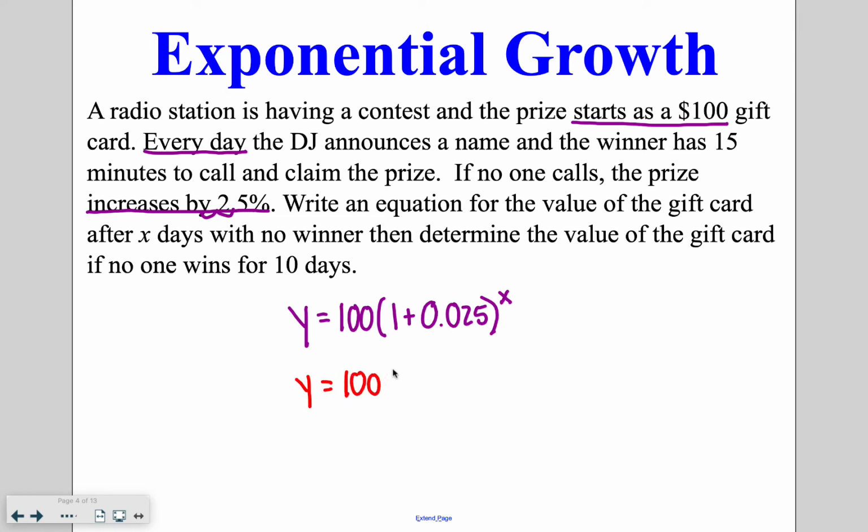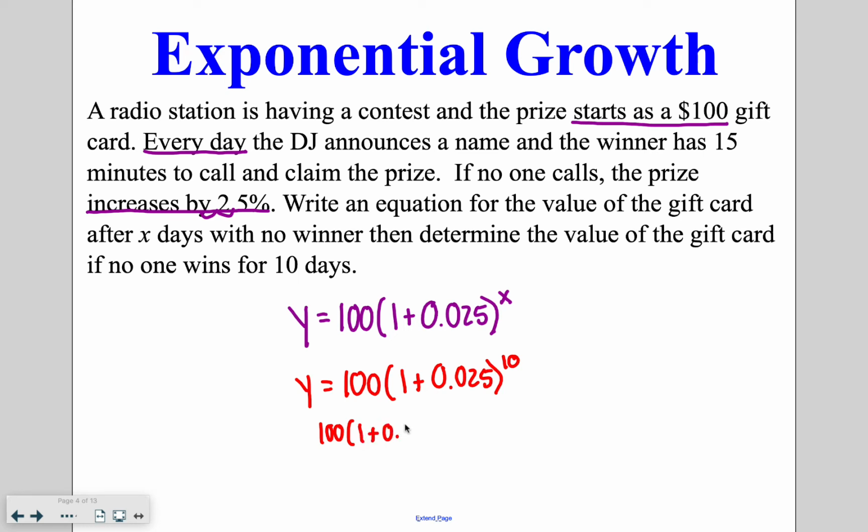So it asks us for what happens after 10 days. So it's our same equation with 10 days. When you plug this into the calculator, you want to plug this in all at once. We don't want to do any rounding in the middle. So you would type this into your calculator as 100, parentheses, 1 plus 0.025.